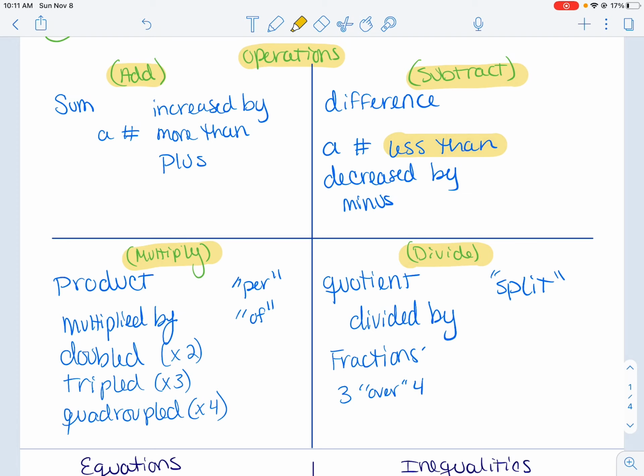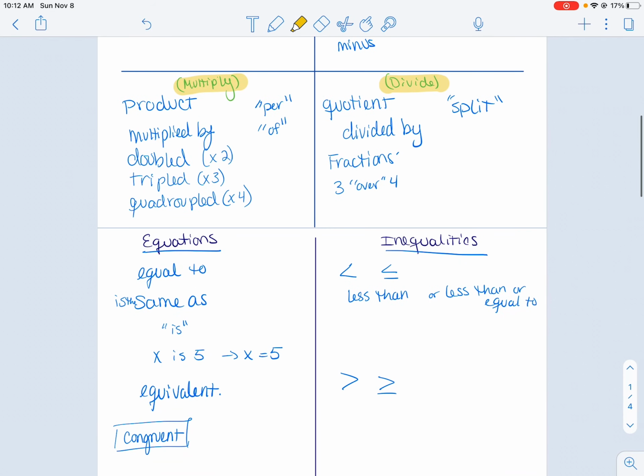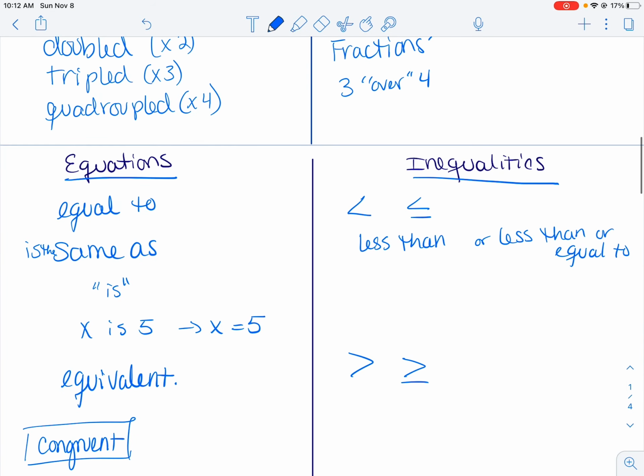If they say we have 10 less than a value, well, 10 less than a value is subtraction. But if I just say 10 is less than some value, that's when I want to use the inequality sign.